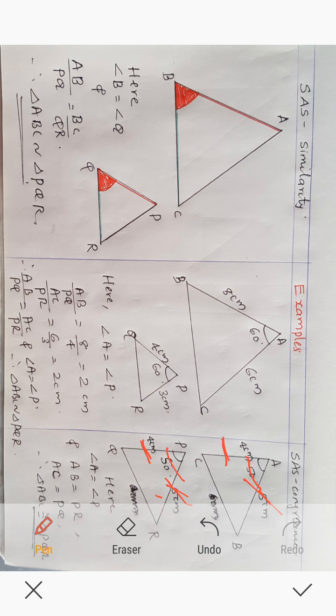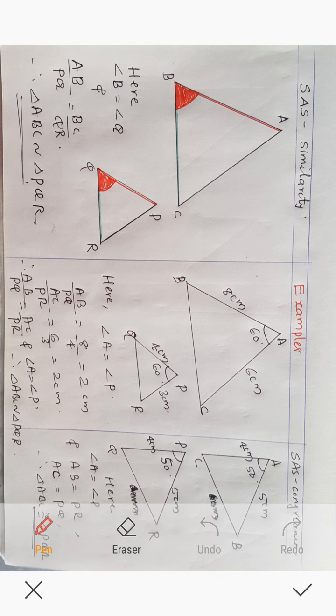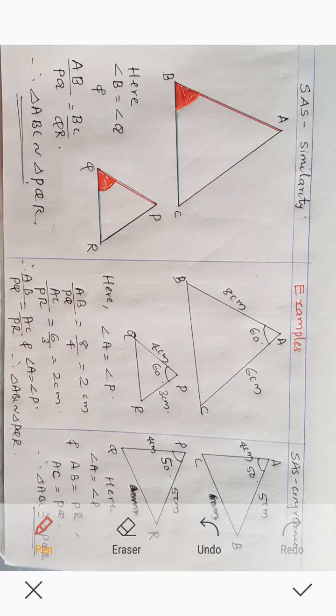It says congruence means sides equal. And it says similarity. Can you guess what it will be? See, as in the case of congruent triangles, angle must be equal. In triangle ABC and triangle PQR, one angle should be equal.